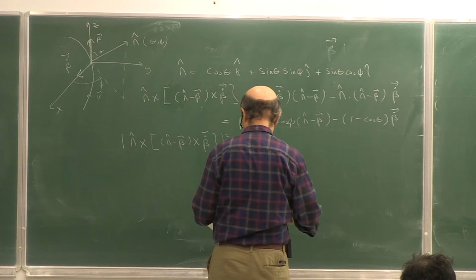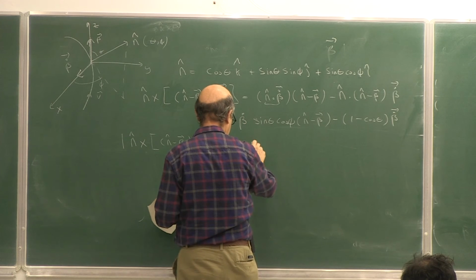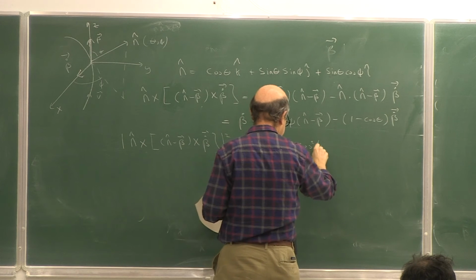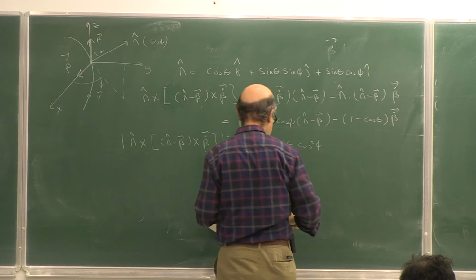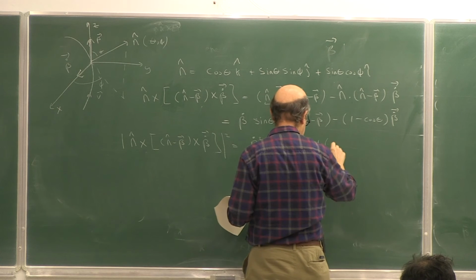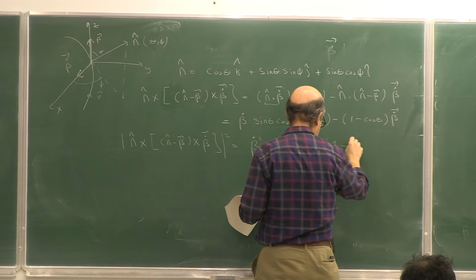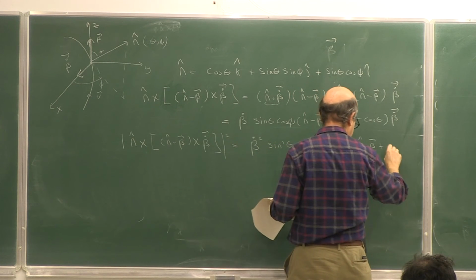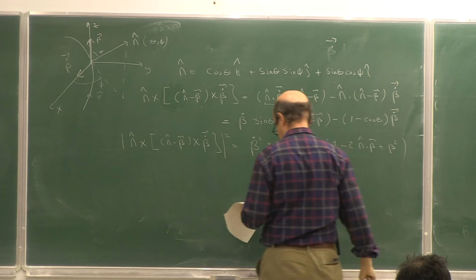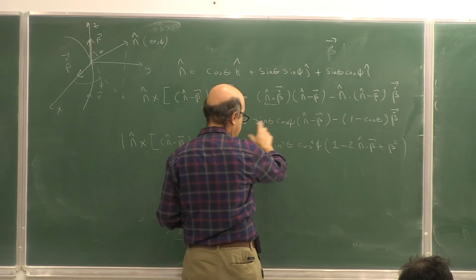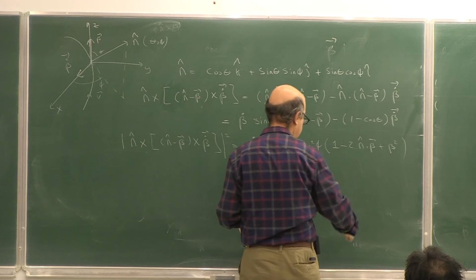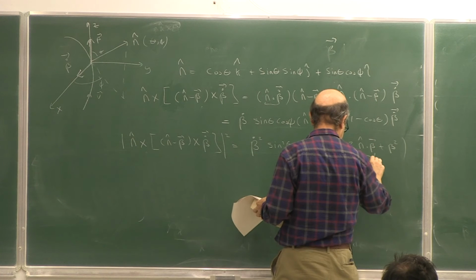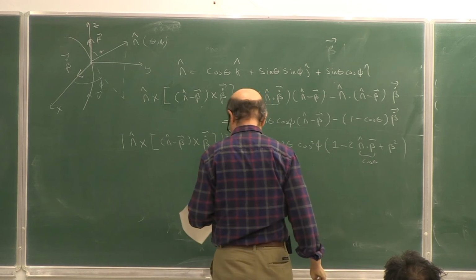The square terms will be the following: beta dot square sine square theta cosine square phi, and the square of this first term, that is nothing but n dot n is 1 minus 2 n dot beta plus beta square. N dot beta is cosine theta.